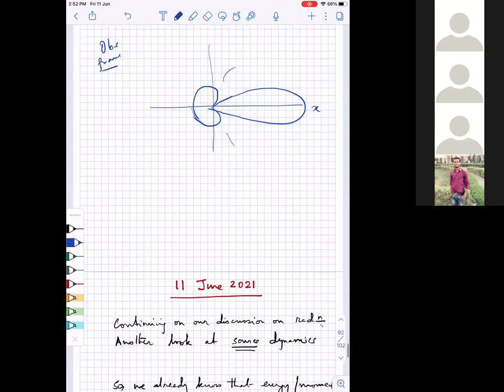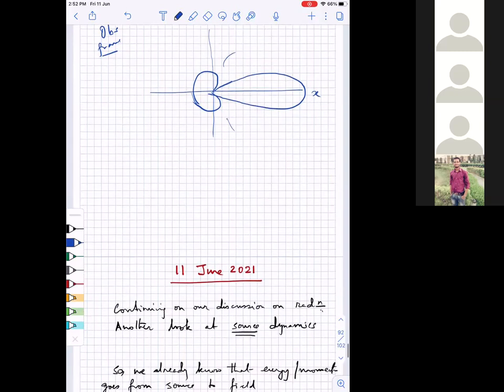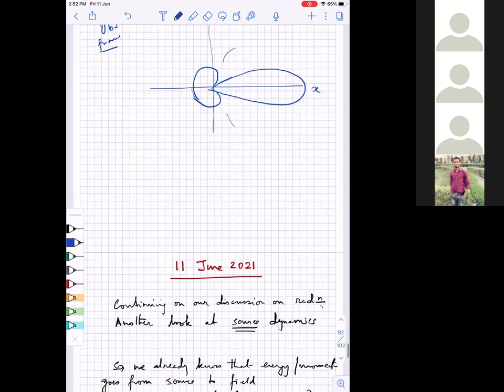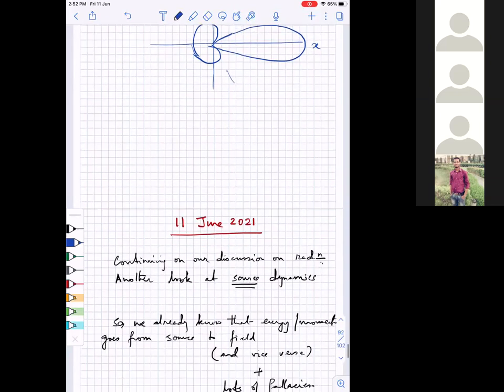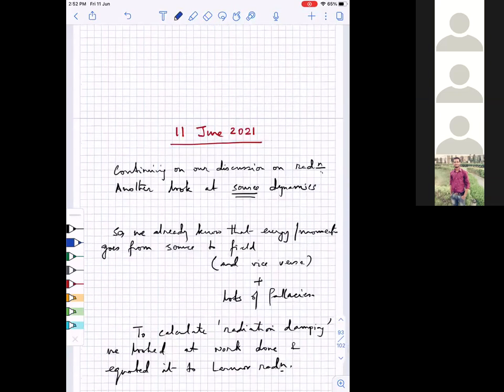Okay. So as I said, today we are going to continue our discussion on radiation and look at some of its dynamics. The first thing that I want to show is that, as I told you, we already know that the energy or the momentum goes from the source to the field. Of course, that basically means the source has some source of energy itself.